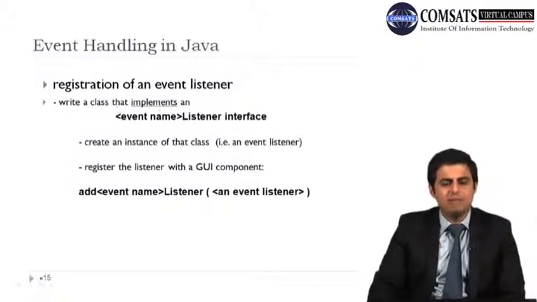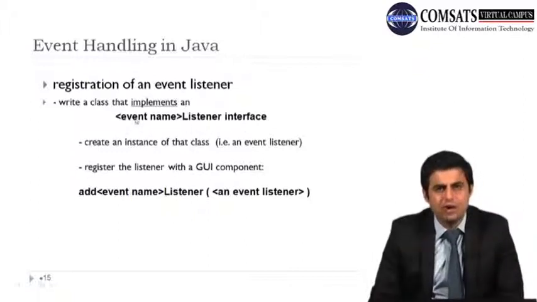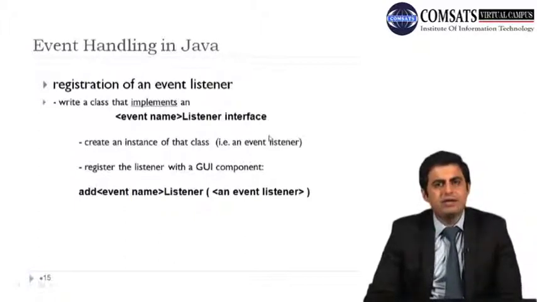Write a class that implements a listener interface. So you write the name of the event and the listener, and then you implement that listener interface. This way you are creating an instance of that class that is an event listener, and you are registering the listener with a GUI component.